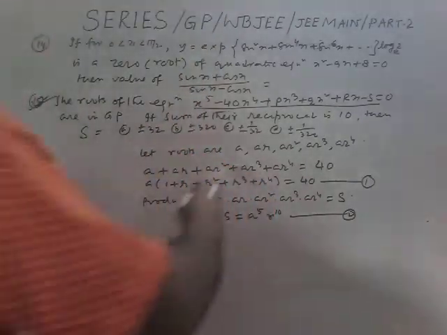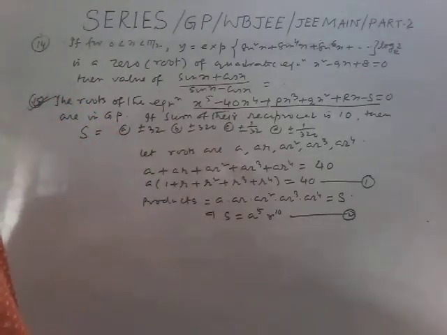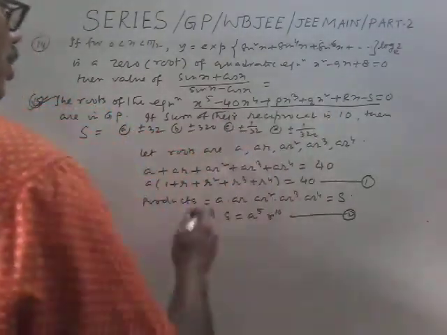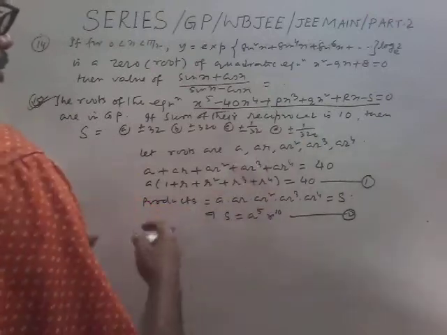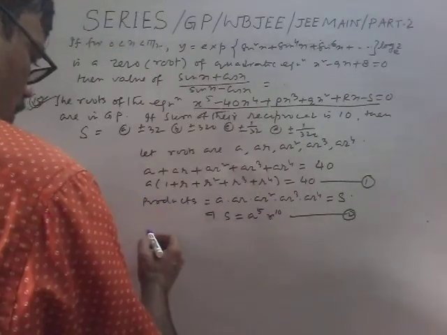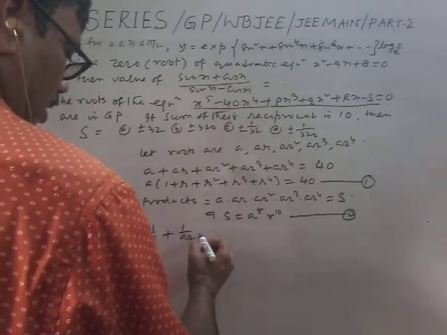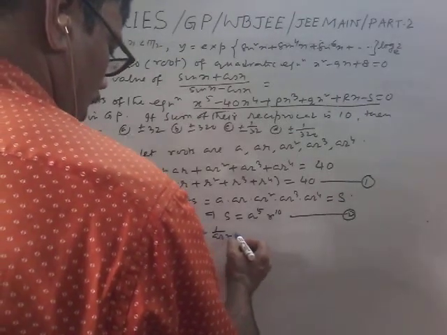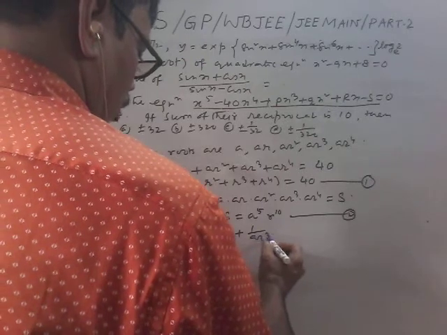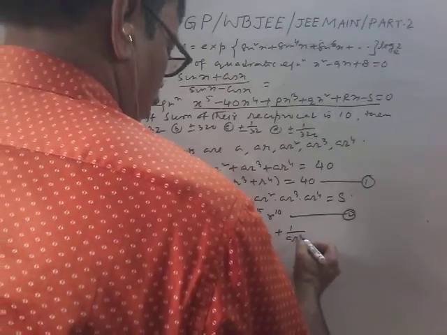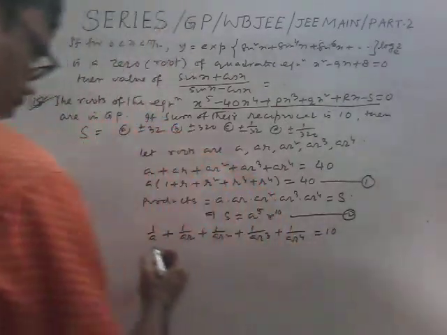What is the second condition? You look, the sum of their reciprocals. Sum of their reciprocals means the sum of the reciprocals of the roots. So 1 by A, 1 by AR, 1 by AR square, 1 by AR cube, 1 by AR to the power 4 equals 10.